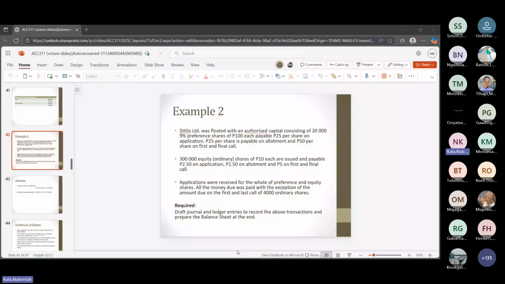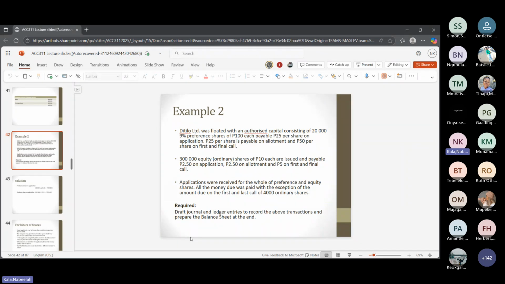So today, I just want to present another problem where we want to see how we are going to treat such events that unfold within this organization. We have a company which floated an authorized capital consisting of 20,000 9% preference shares of 100 puller each.